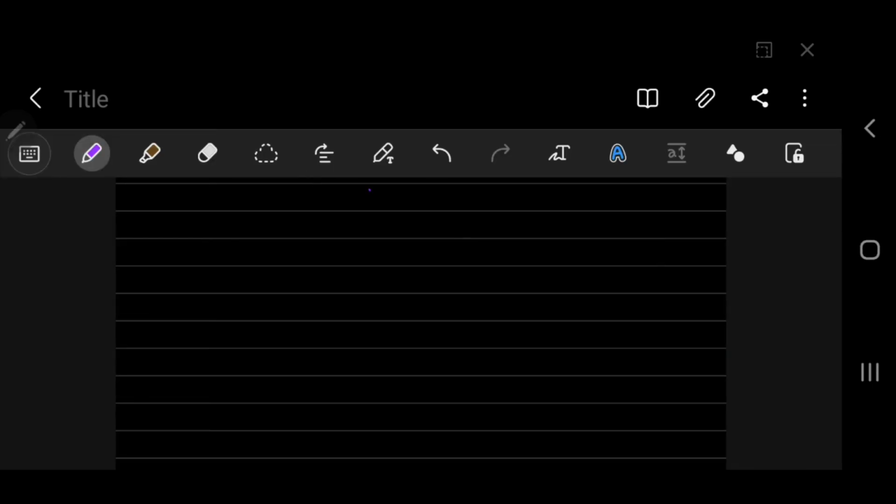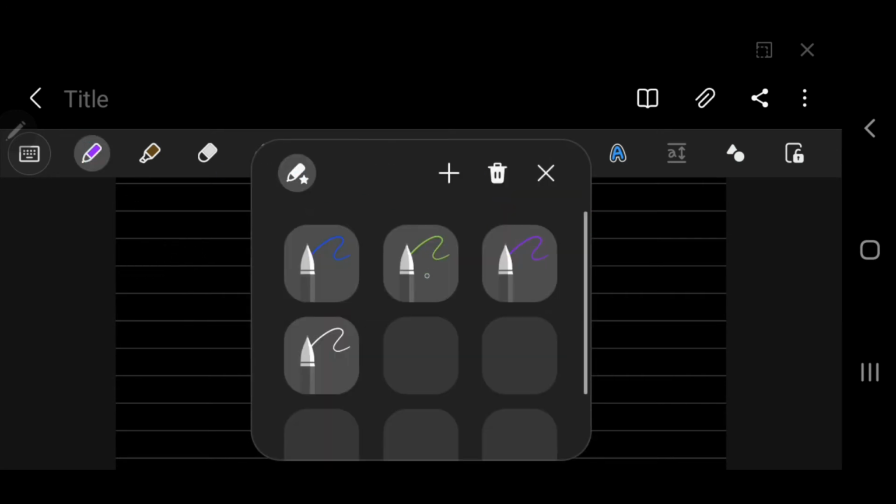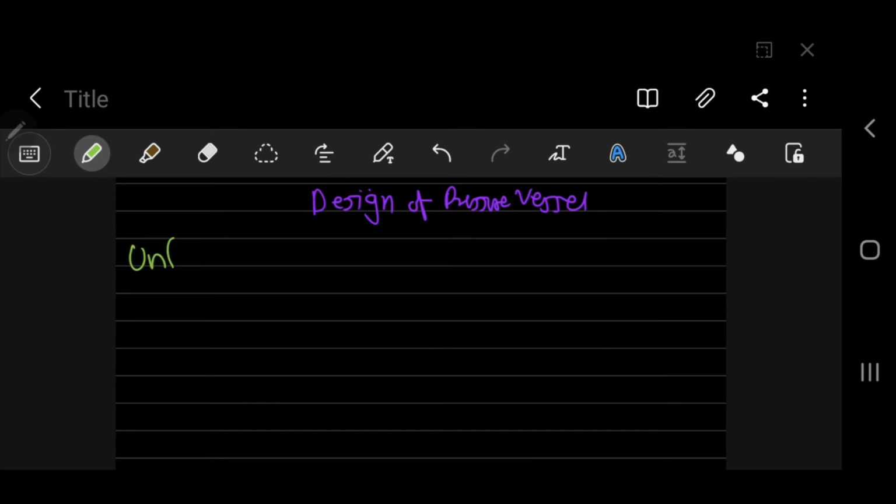Next unit is design of pressure vessel. So the first question is, what is an unfired pressure vessel?